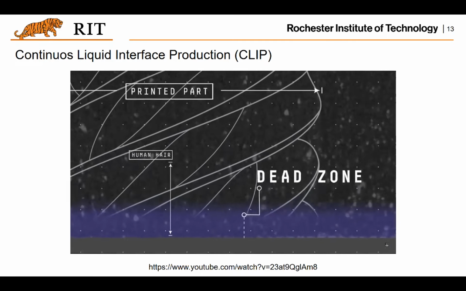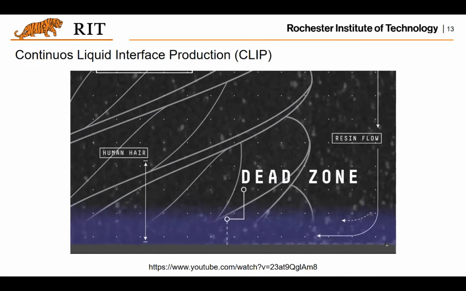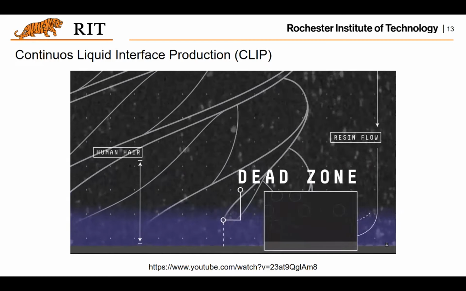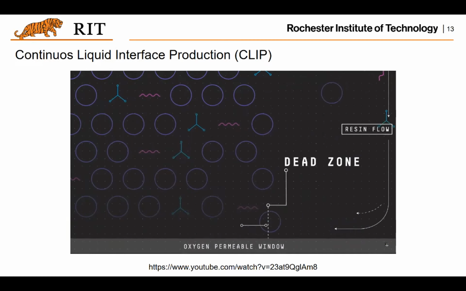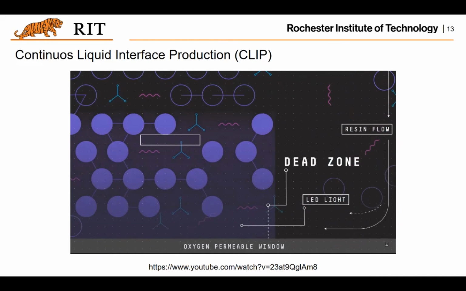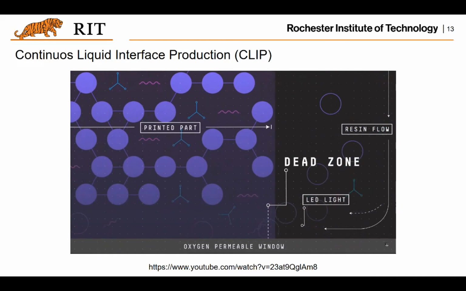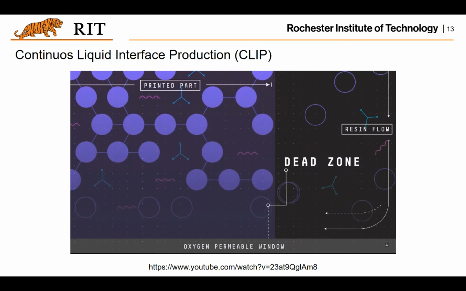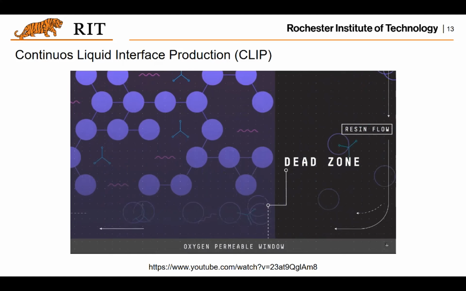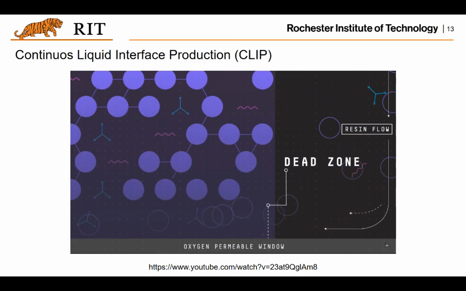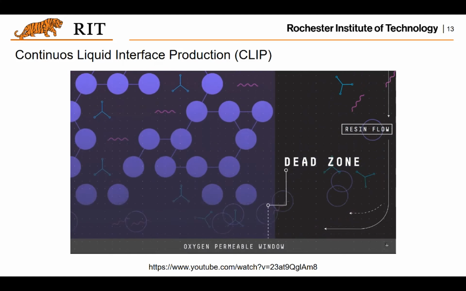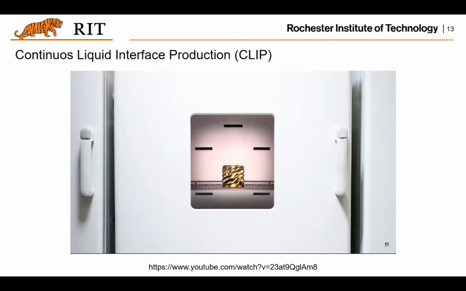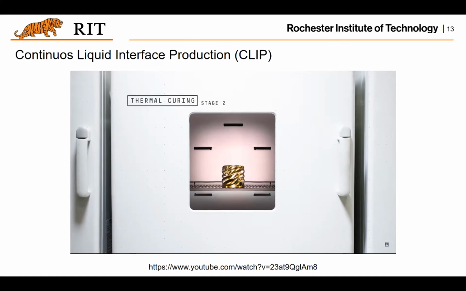However, it is the area responsible for Carbon's remarkable high-performance resolution and unique isotropic parts. In the dead zone, oxygen prohibits light from curing the resin situated closest to the window, thereby allowing for the continuous flow of liquid beneath the part. Just above the dead zone, the UV light projected upwards causes a cascade-like partial curing of the part. Simply printing with Carbon's hardware alone does not allow for end-use properties with real-world application.